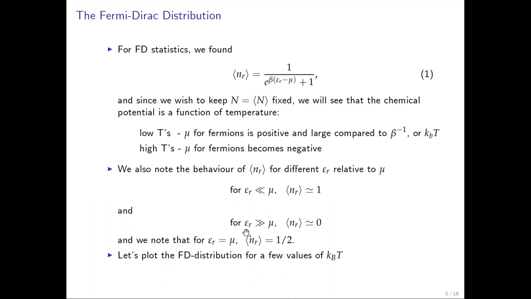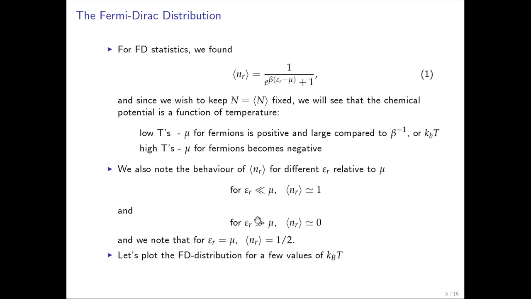We're measuring energies from the absolute lowest energy in the system, which is where a 0 is. That means epsilon sub r is always positive, but when it's much less than mu, this quantity is negative, and if we go to low enough temperature, beta gets very, very large, and so this factor is going to become 0 in this limit. And then we just have 1 over 1 equals 1.